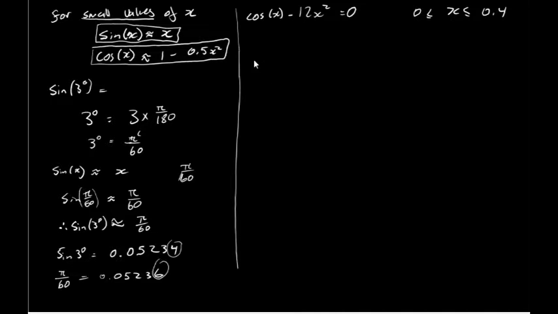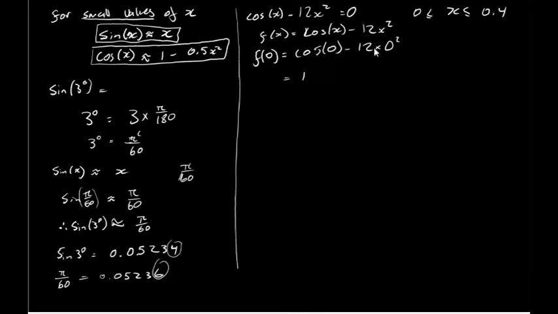So let's say f of x is equal to cos of x take 1/2 x squared. I'm going to find out what f of 0 is by subbing in x equals 0. If I work that out, I get cos 0, which equals 1, take 0, so it's just 1. And that's obviously greater than 0.